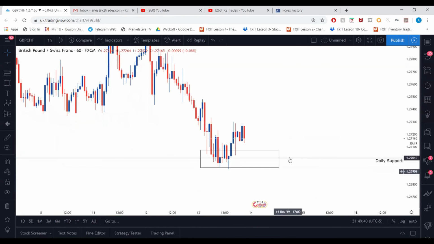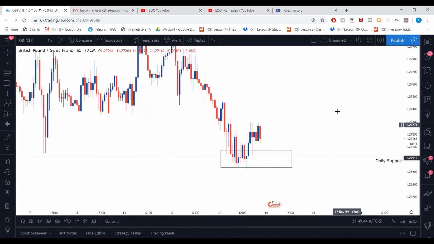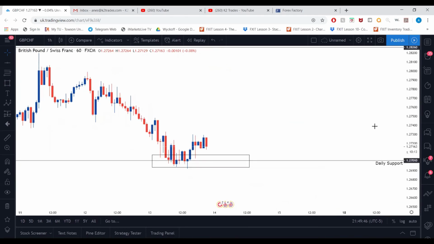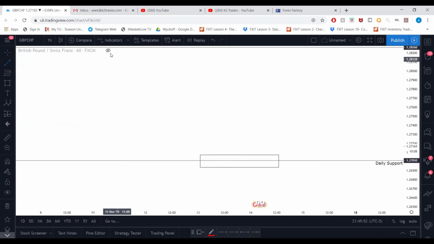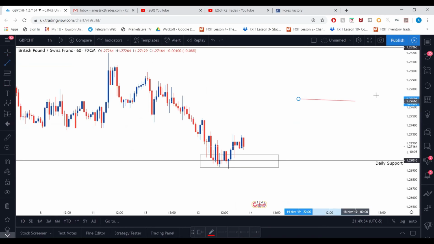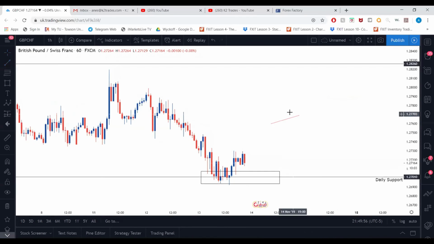You see, when you have a zone, you see how it rejects when it's a strong zone. To be more conservative, you can also... no, why did I do that? Not what I wanted to do.